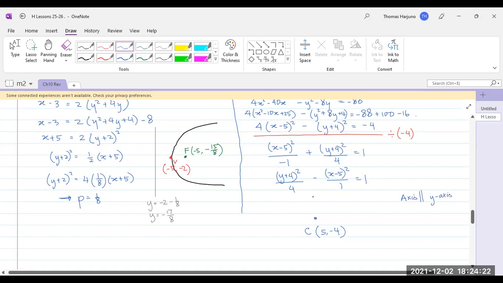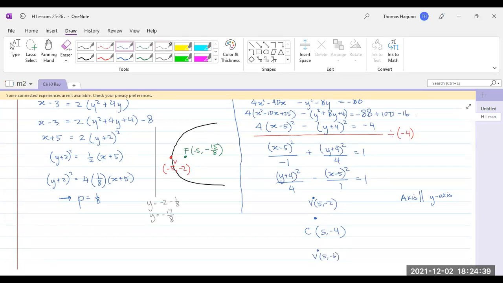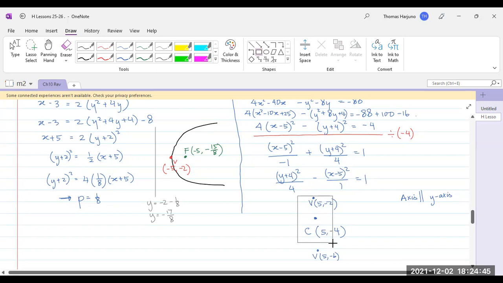We move up 2 units to get the vertex, right? So that's 5, -2, and down 2 units to get the other vertex. The auxiliary rectangle is 1 unit left and right from that center.